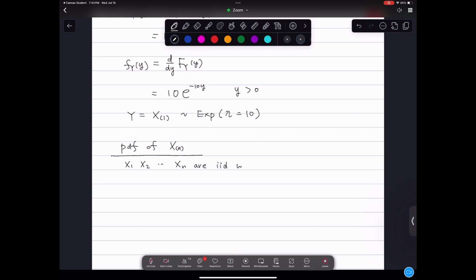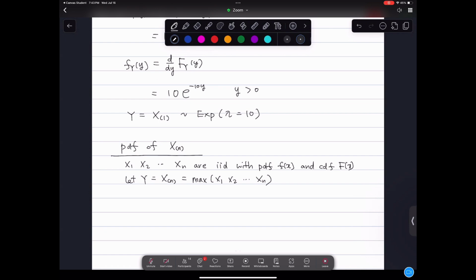They all have the same PDF and same CDF, big F of X. And let Y be the largest order statistic, which is the maximum of them. So let's get the PDF.